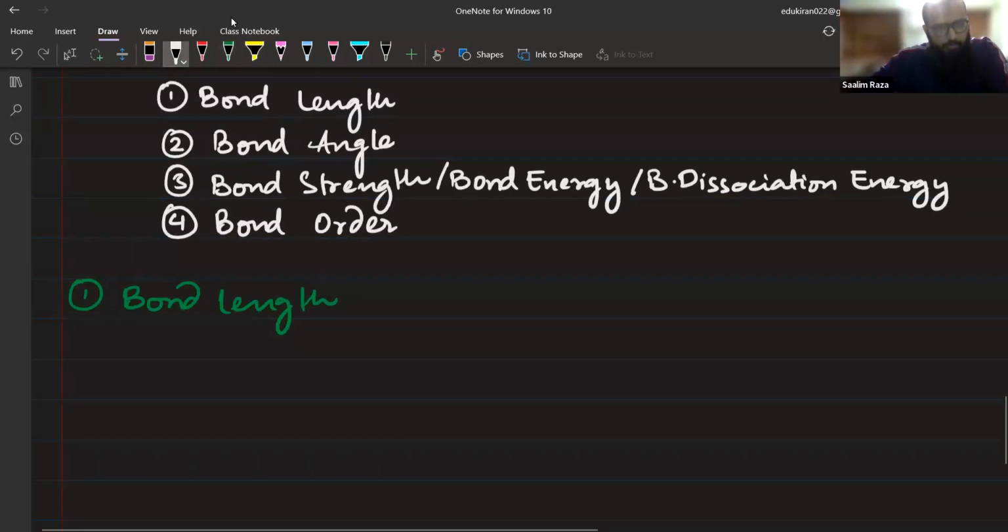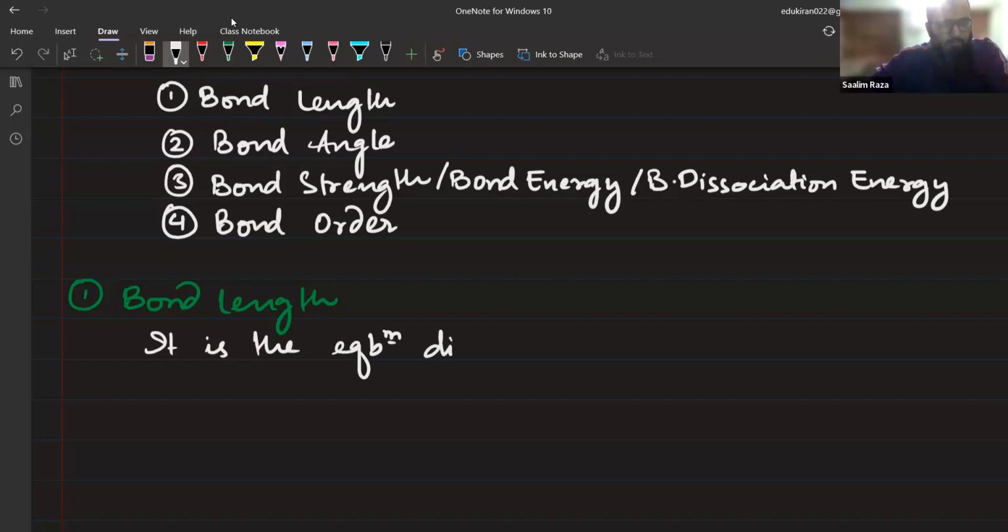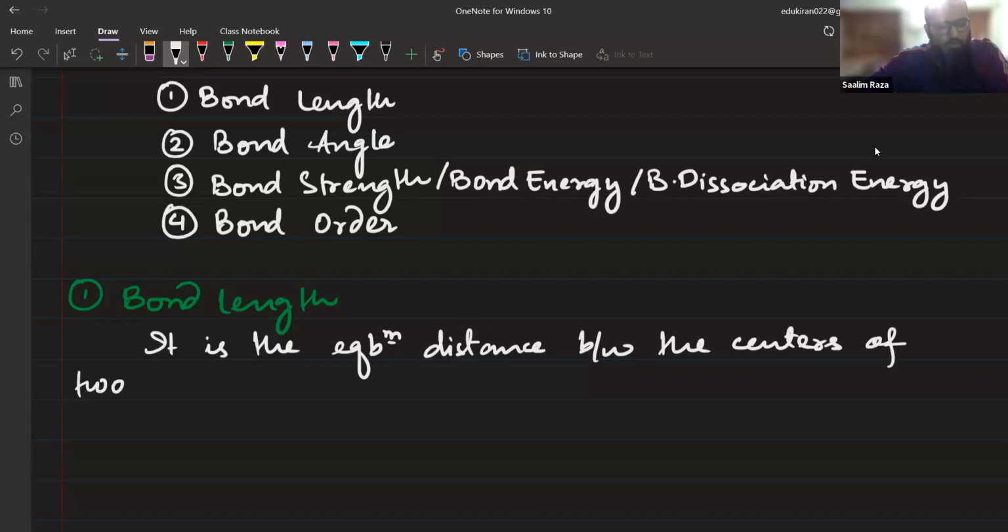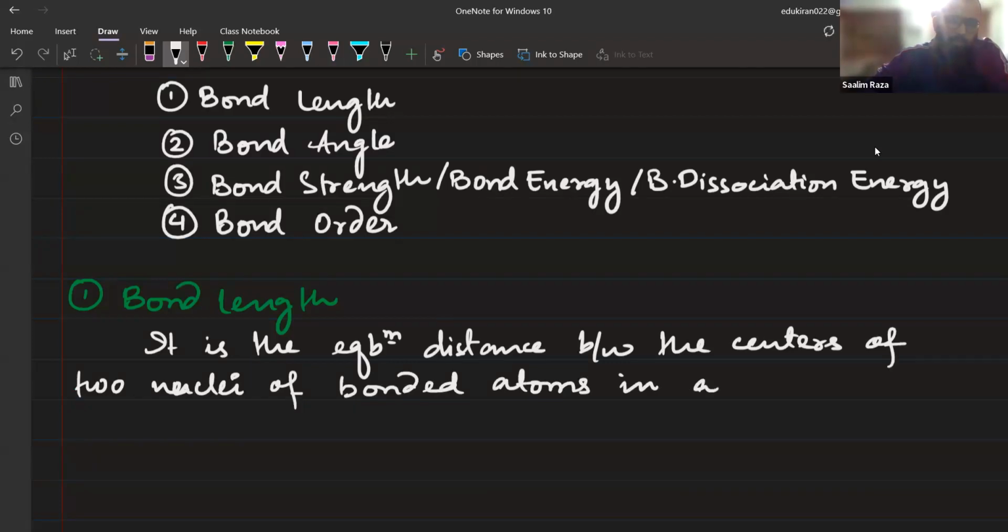It is the equilibrium distance between the centers of 2 nuclei of bonded atoms in a molecule.